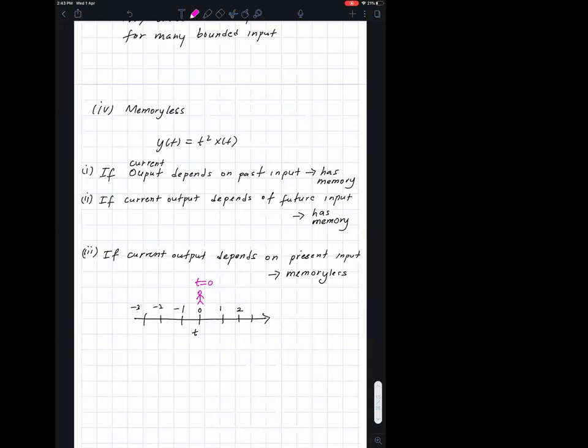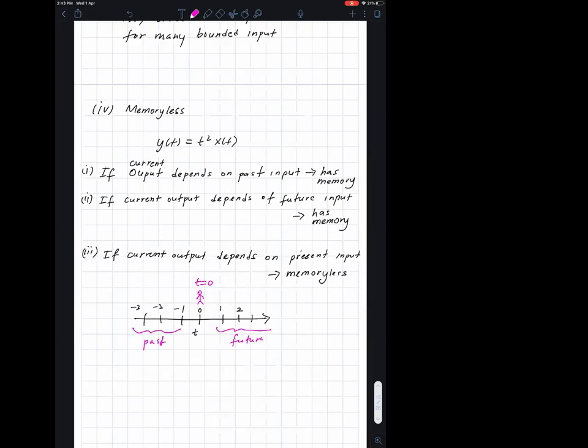So this side is the past and this side is the future. This is just a general statement to help you understand what past input and present input mean. Present input is not necessarily 0. It depends on where you're standing.